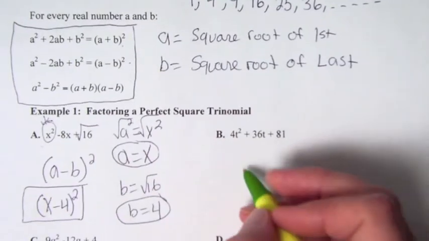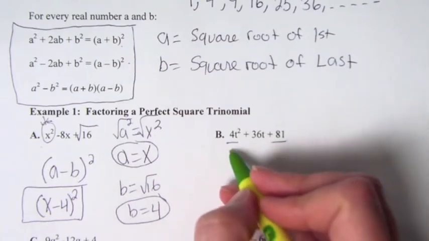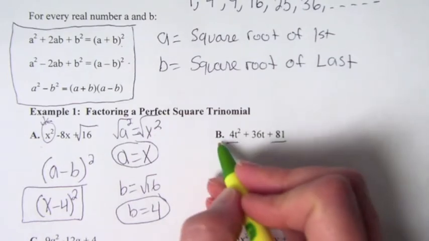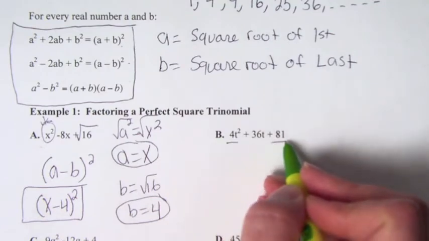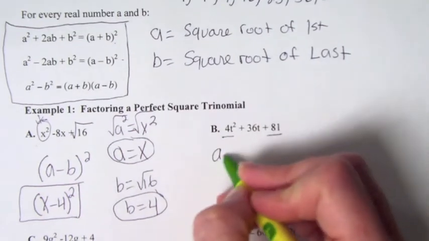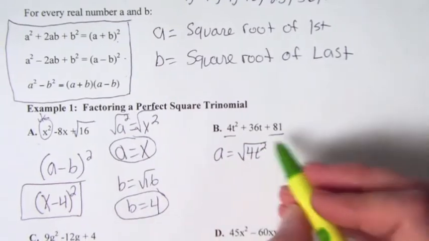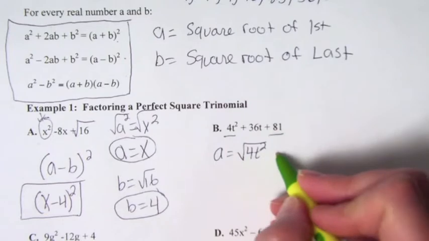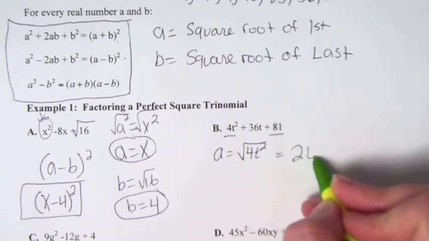So let's look at B. We look at our first term and our last term. We look to see if they're perfect squares. 4 is a perfect square. T squared is a perfect square. 81 is also a perfect square. So to get a, we take the square root of 4t squared. Now in order to do that, we take square root of 4, which is 2. Square root of t squared is t, so this becomes 2t.